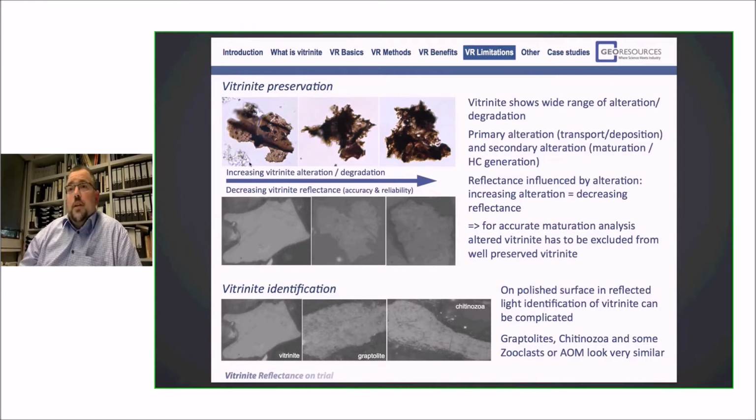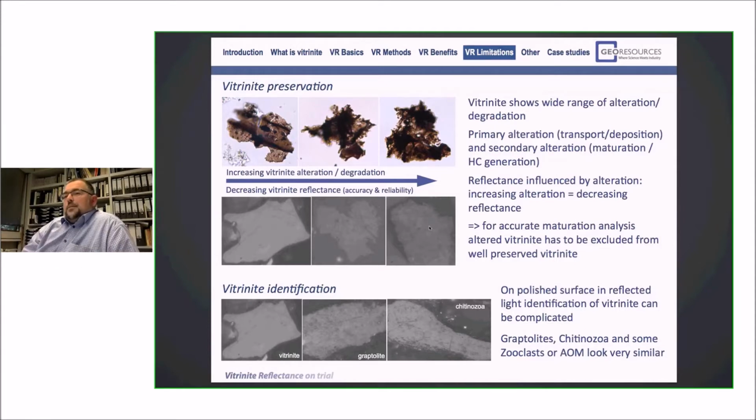As I showed you here, these are typical preservations from well preserved to very poorly preserved, strongly altered, degraded, and the same we see here on a polished surface in reflected light: a very well preserved, sharp-edged vitrinite particle, starting to get rotten and fluffy, and then a totally fluffy particle here. And just by these grayscales, these are particles from one sample.